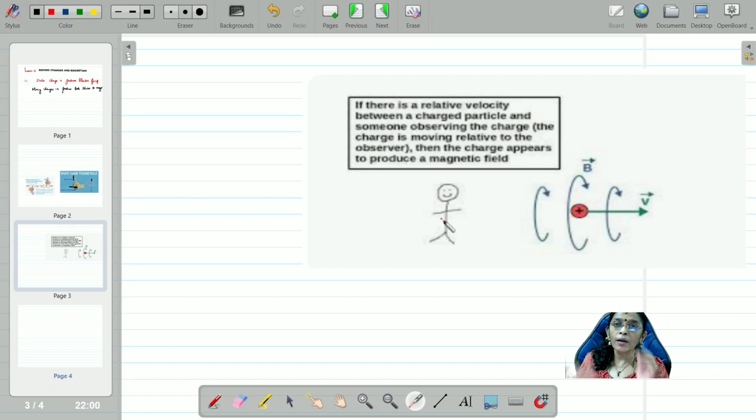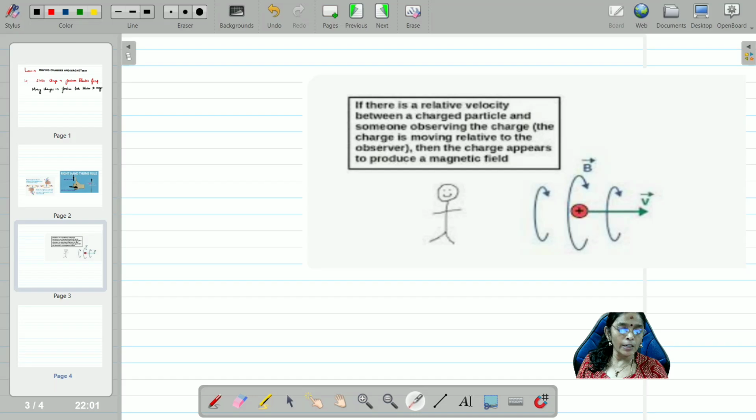That magnetic field around it is what is shown here. You are holding the balloon filled with water and moving, so around this the magnetic field is produced. Around that, there is motion of the charged particle, the water molecule. That circular motion is called the magnetic field.